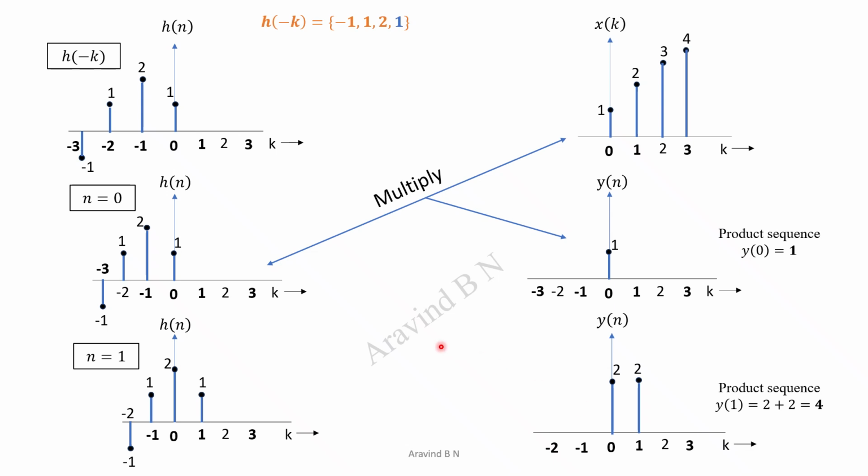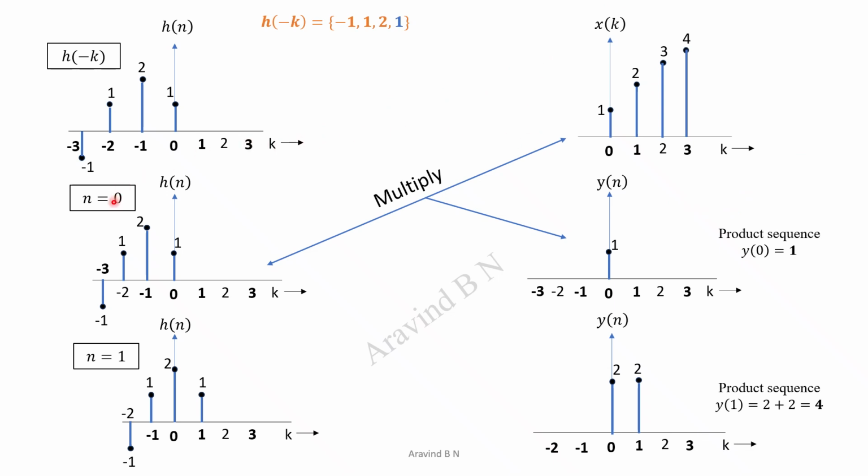Now getting into the graphical way of solution. We need the h of minus k representation. So h of minus k is over here, and the same is represented graphically over here, right? Then x of k has been given for us, and we have that representation over here, right?